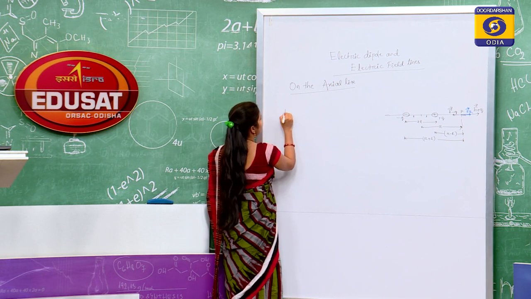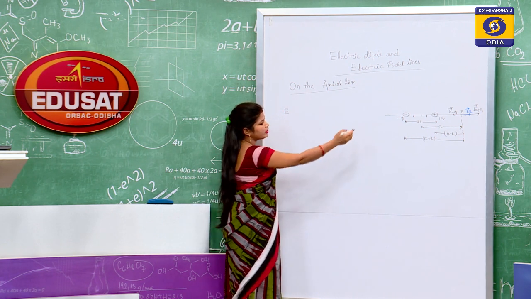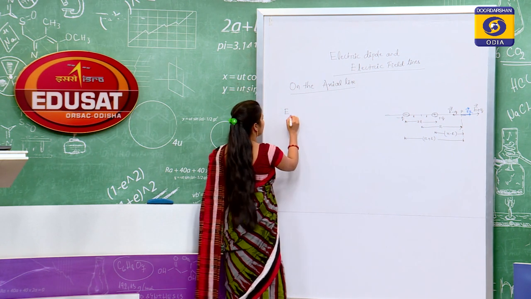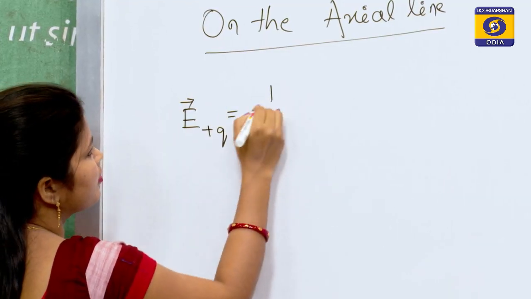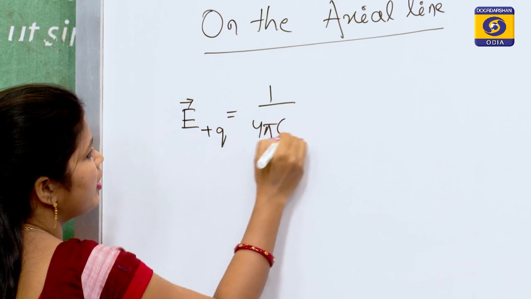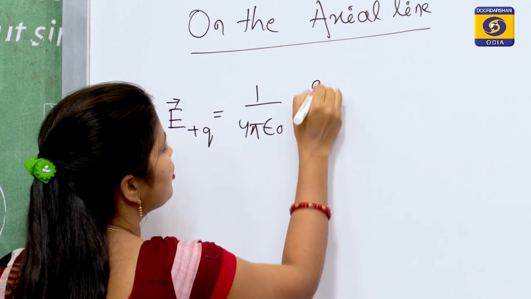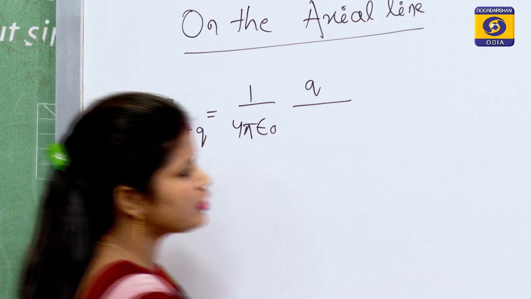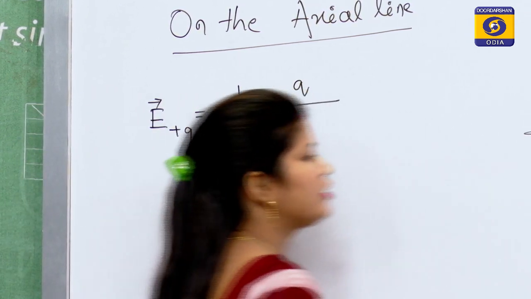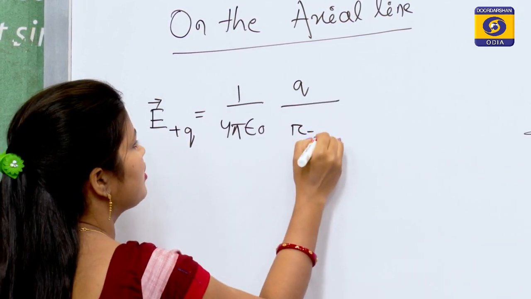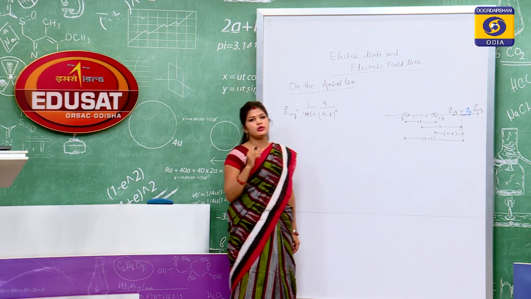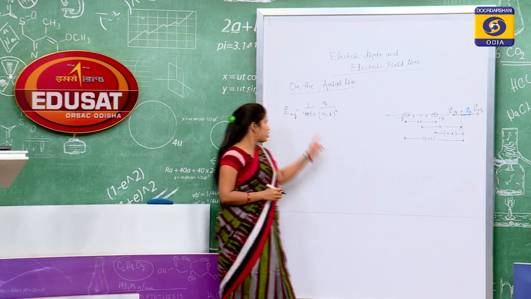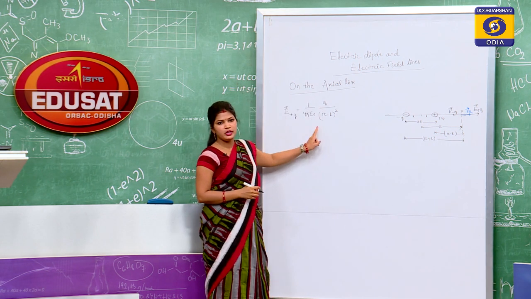So, here the electric field at point P due to plus q charge is 1 by 4 pi epsilon naught q upon r minus L whole square. As we know, the electric field intensity due to a point charge is 1 upon 4 pi epsilon naught q upon r square.